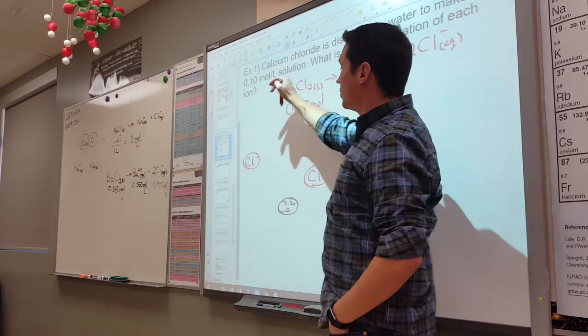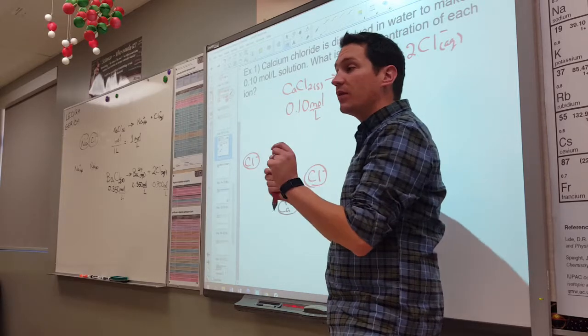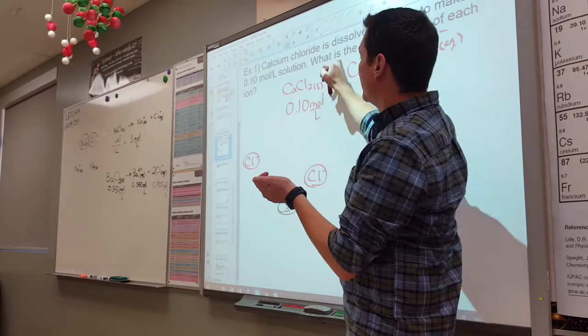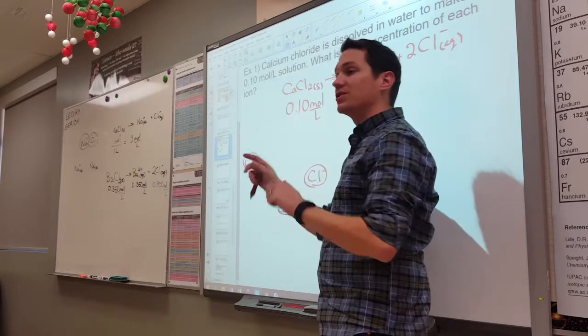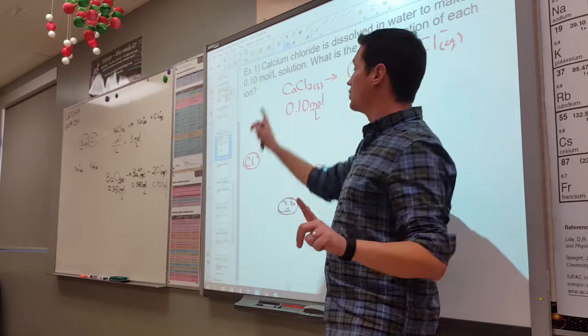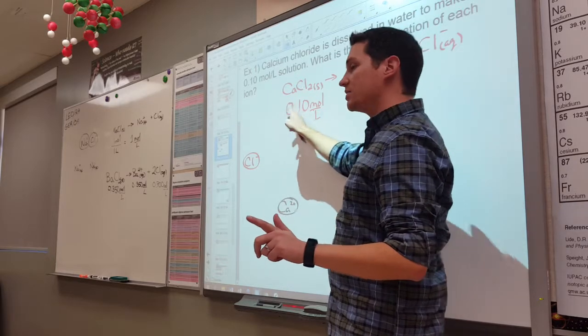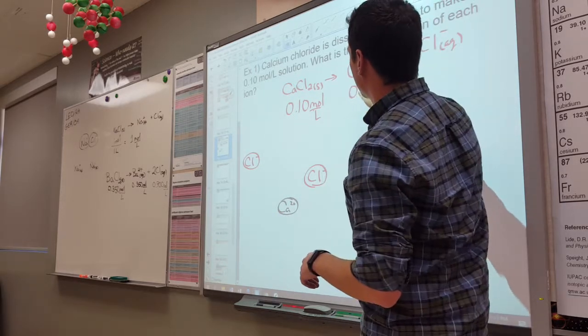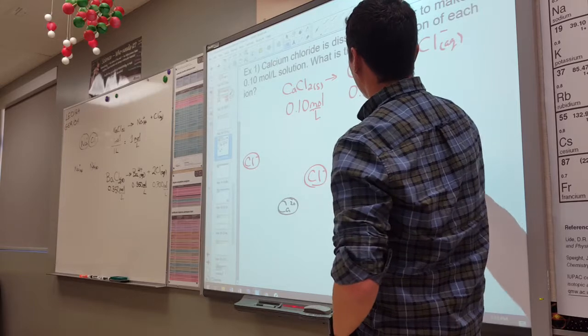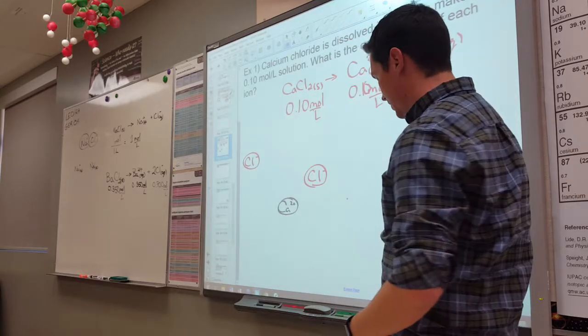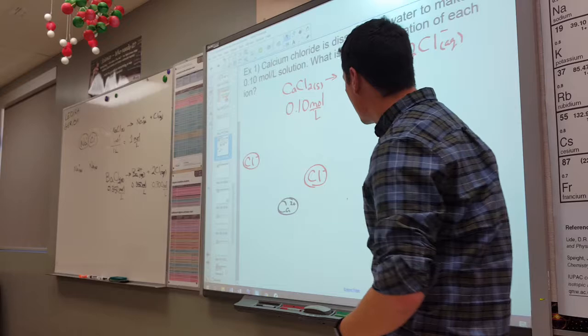Because it's a 1-to-1 ratio. It doesn't matter specifically what the ratio is, it just matters that this coefficient and that coefficient are the same, right? So one of these makes one of these. 2 of these makes 2 of these. 0.1 of these makes 0.1 of these. I should say 0.10.